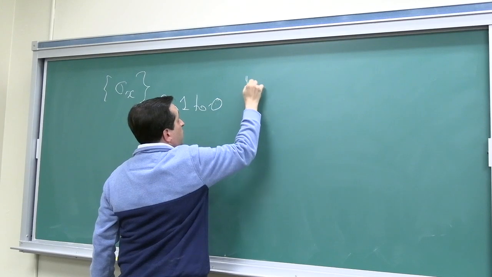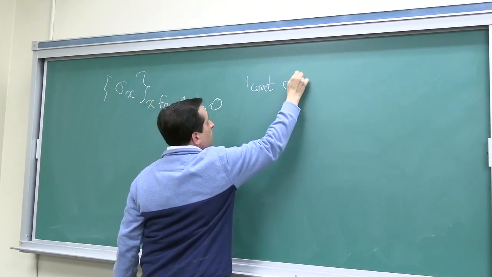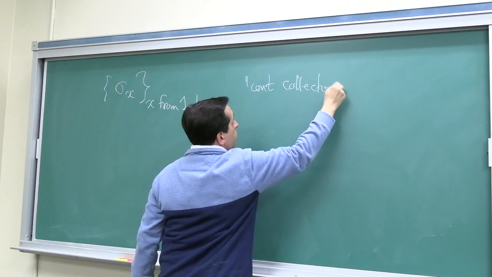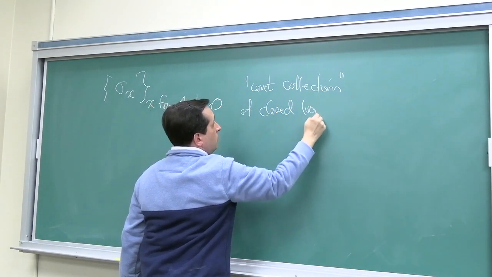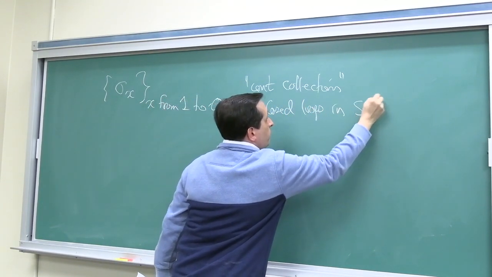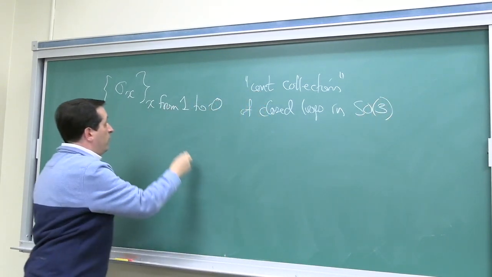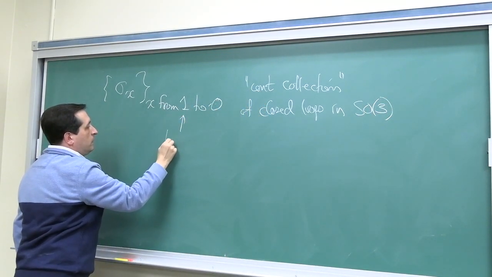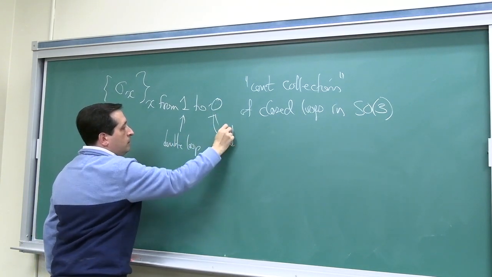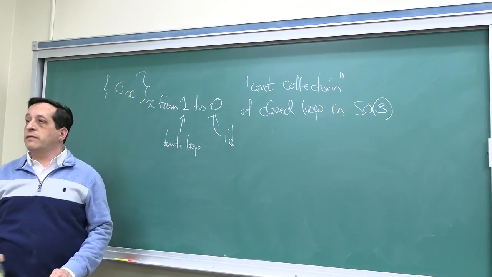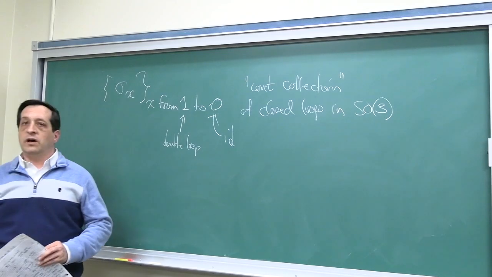This is a kind of continuous family, continuous collection of closed loops in SO3, where at x equals 1, it's the double loop, and at x equals 0, it's the constant loop that does nothing, sits there for all time.